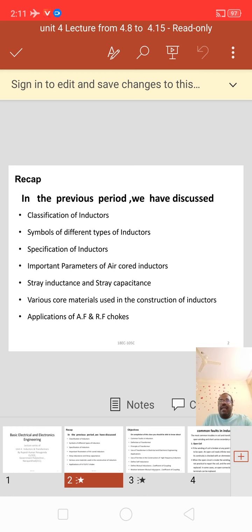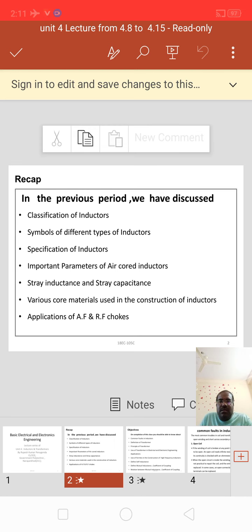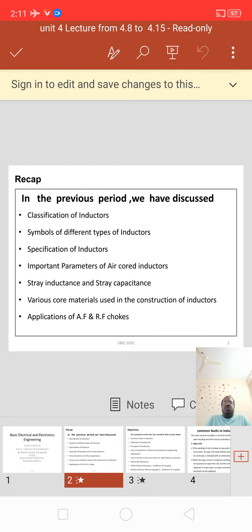Next, various materials used in construction of inductors. Next, applications of AF and RF chokes and so on. These are the topics which we learned in our previous periods.